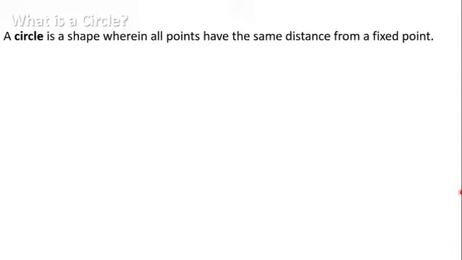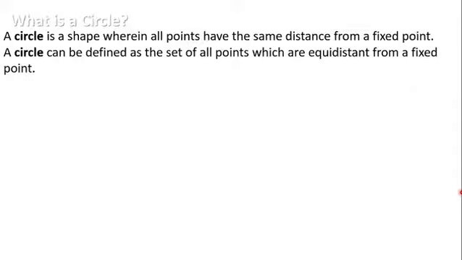But what if you want to bring in a little bit of mathematical language? Then you could define a circle as a set of all points which are equidistant from a fixed point. Now, equidistant means that they are of equal distance from a particular fixed point.